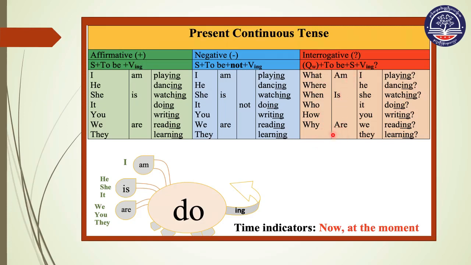Are is for plural, okay? And then over here, you have the subject, right? So the subject is not at the very beginning, unlike the affirmative and the negative, right? And then you have the verb ing with the question mark. For example, what am I playing?